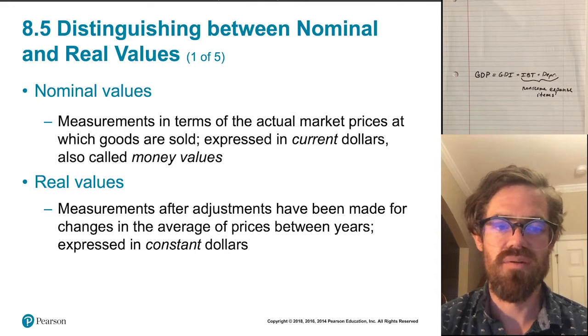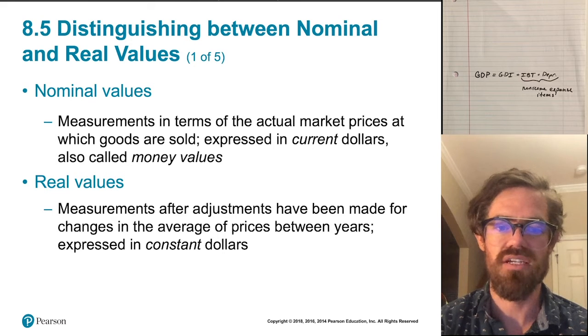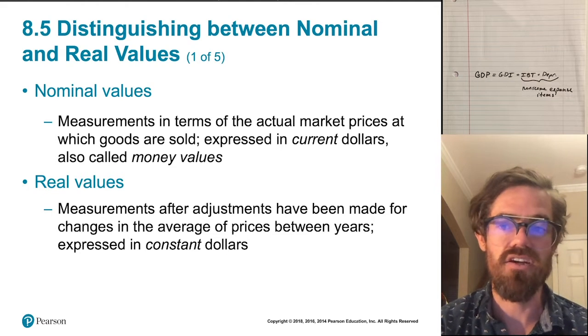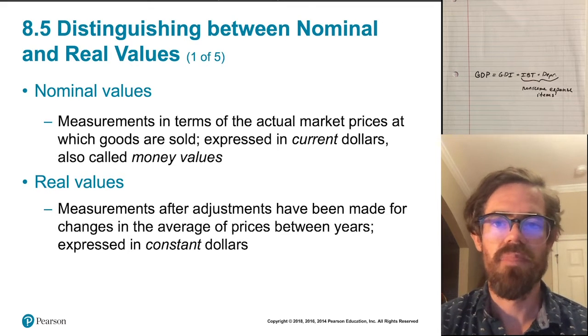Now, this is different from real values, which are measurements that have been adjusted for inflation, right? Changes in average prices between years. So it's measuring the value of things in constant dollars. The reason this is important is because over time, the dollar gets weaker.